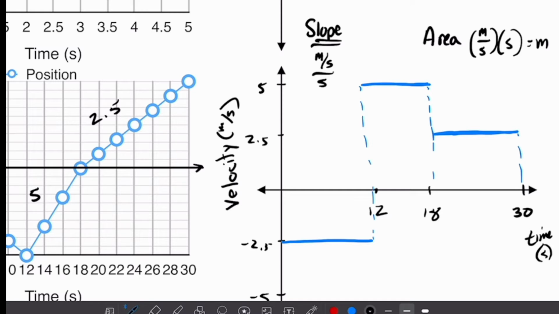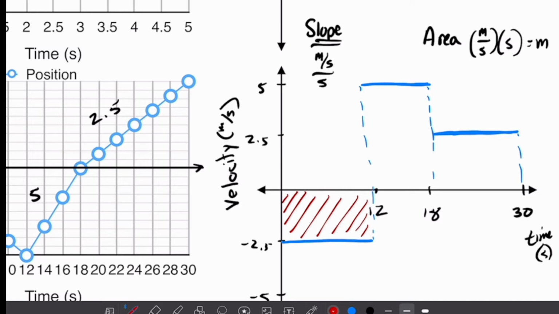Because the area appears to be something that might be in meters, so that could be a length, a position, a distance, or a displacement, we should test the areas to see if the areas can do something for us. When we talk about area, we are physically talking about an actual physical area. Length times width, something like that.